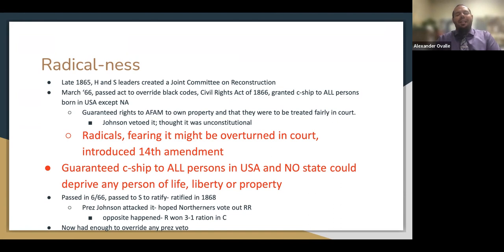It was ratified in 1868. President Johnson attacked it, hoping Northerners would vote out the radical Republicans in Congress. The opposite happened, and Republicans now held a 3-to-1 ratio in Congress. Congress had enough numbers to override any presidential veto.